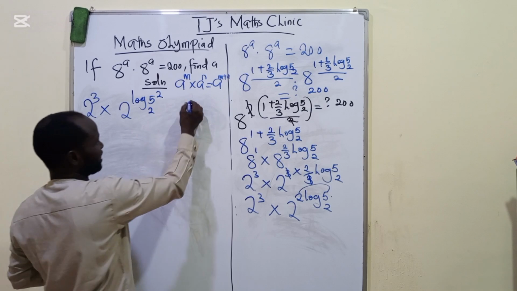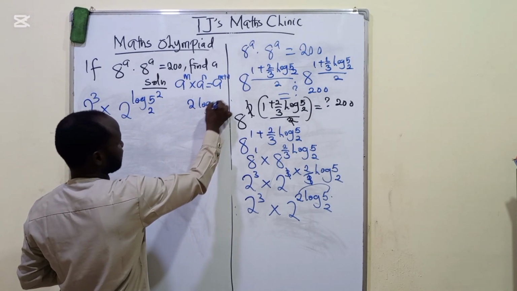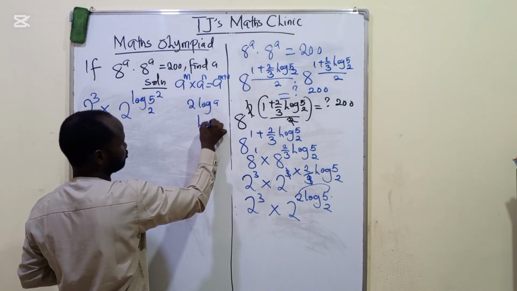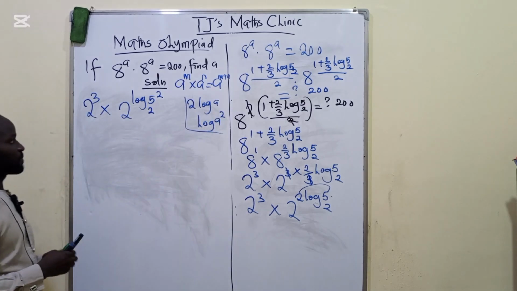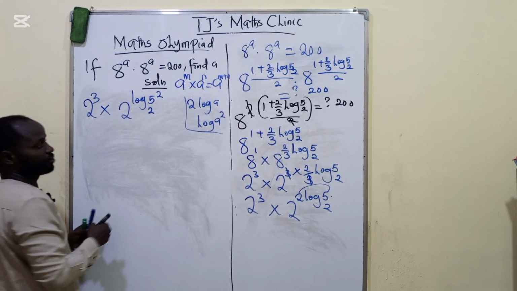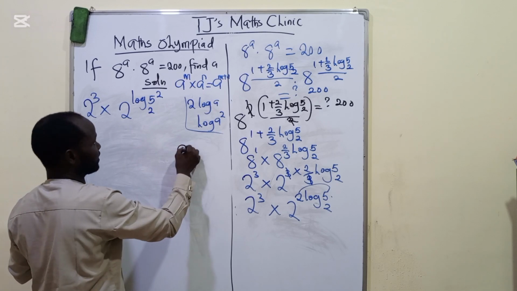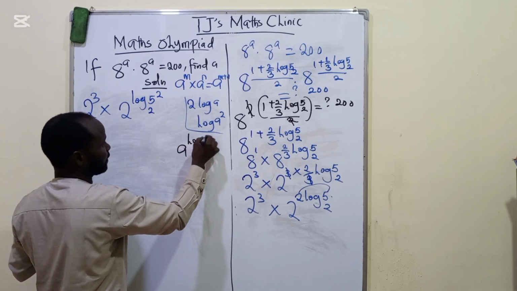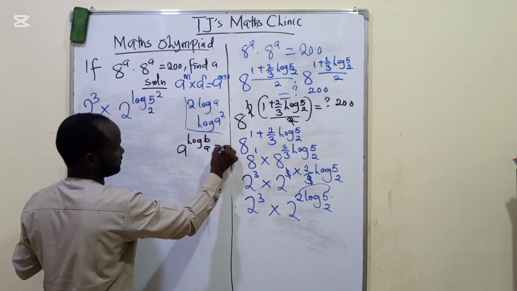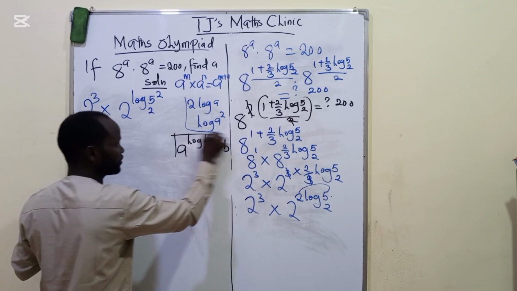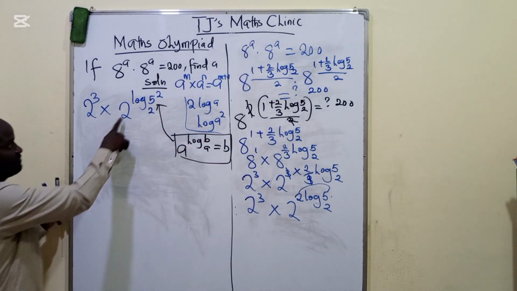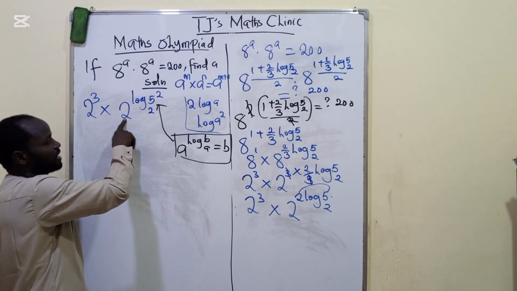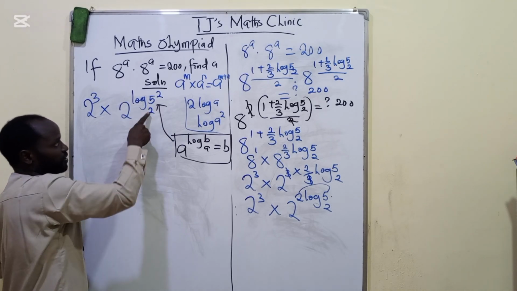Okay, that is if you have 2 log a, for instance, we can write it as log a power 2. Okay, I recall from one of the laws of logarithm again, if we have a power log b to base a, this is the same thing as b. So we use this law at this point now. Very important.